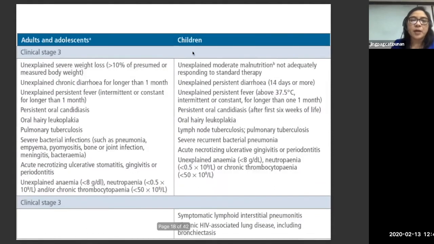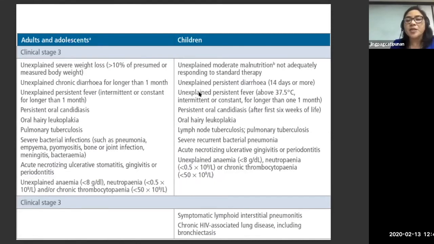But in clinical stage 3, we always see patients with oral candidiasis and mostly TB and recurrent severe bacterial pneumonias.